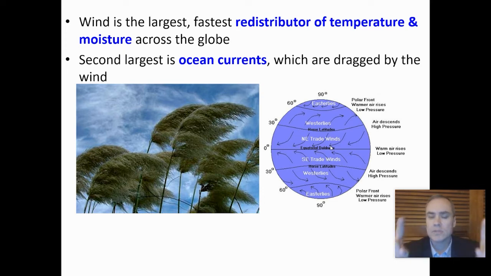But those temperatures that start there don't always stay there. Wind can move them around and redistribute them around the globe. Ocean currents can do the same thing. So winds can take hot temperatures from the tropics, and ocean currents as well, and they can move those hot temperatures out towards the mid-latitudes when tropical air masses move to the north.